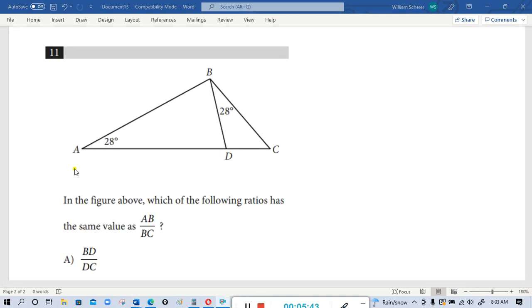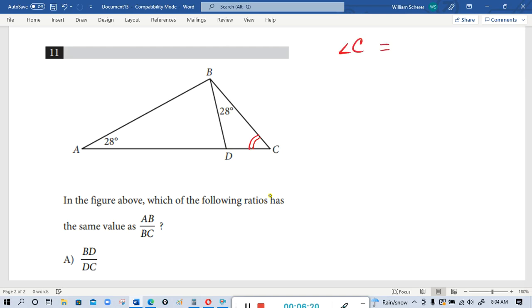I saw this one on the PSAT, and the figure above, which of the following ratios has the same value as AB over BC? Let's see. If you look at the big triangle and the triangle on the right, they both share angle C. So I'm going to mark this one congruent to itself.